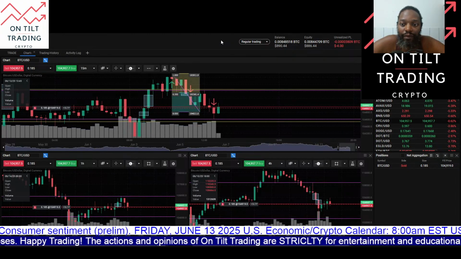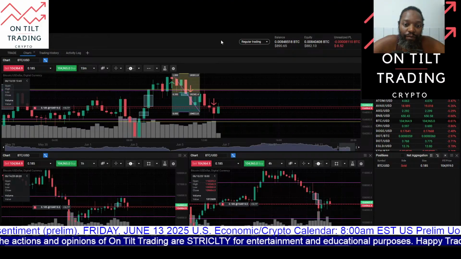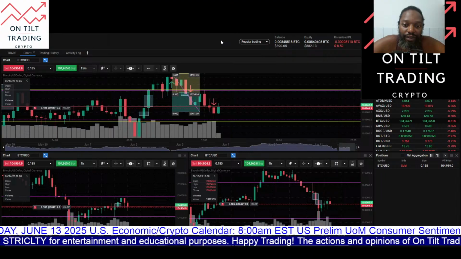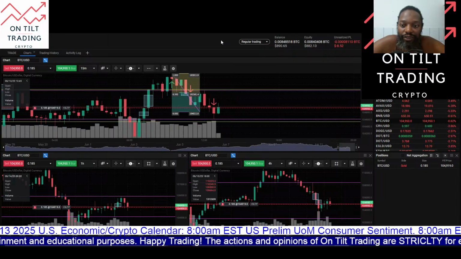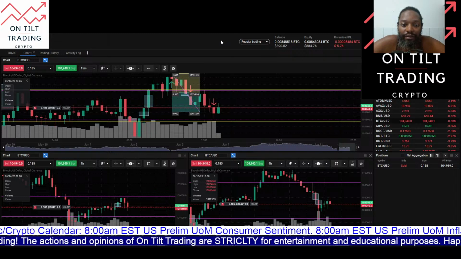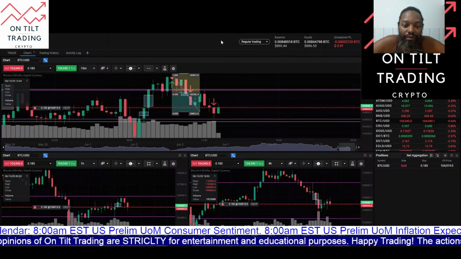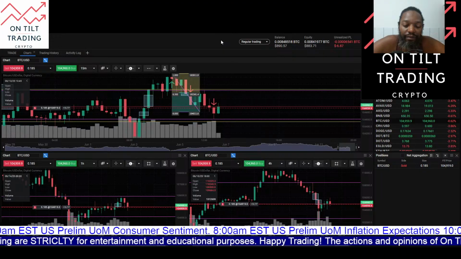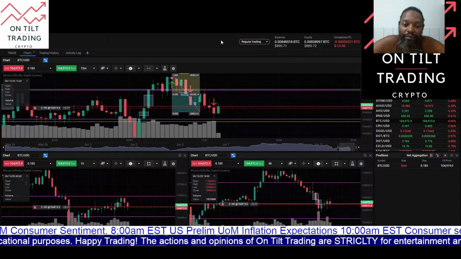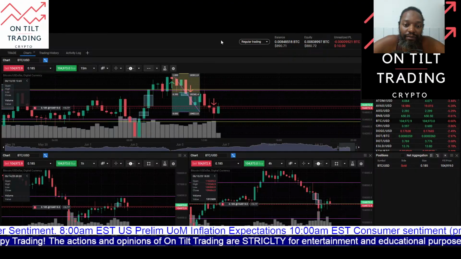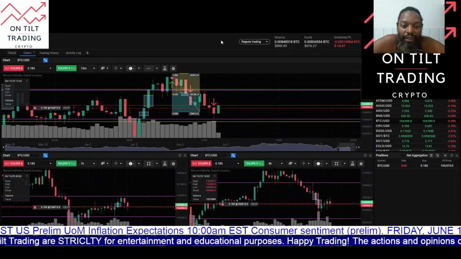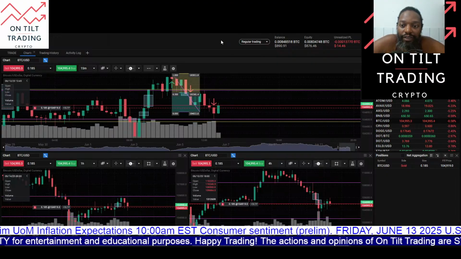Alright. Price still consolidating in between the entry and the reaction high of the candle. This candle still showing strength. Looks like it may retest that reaction high.